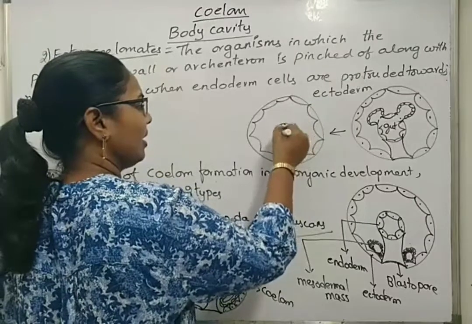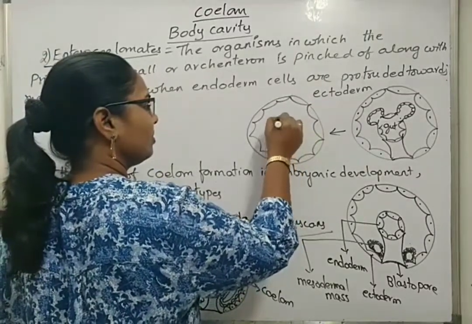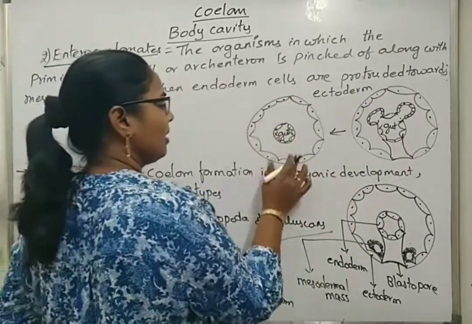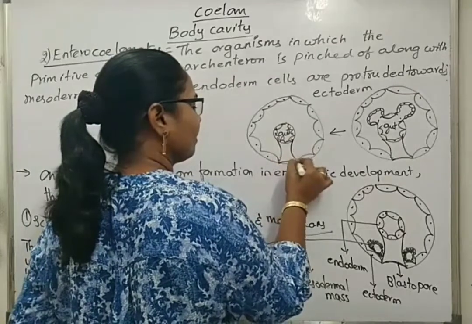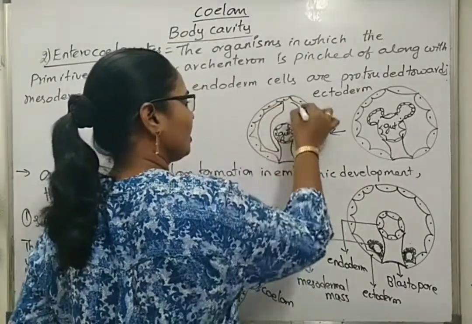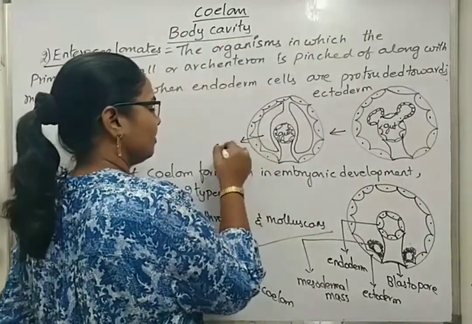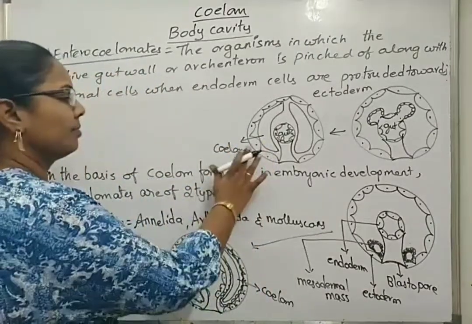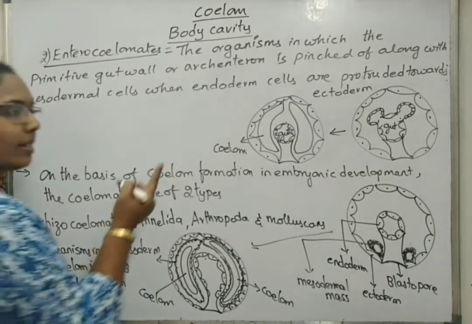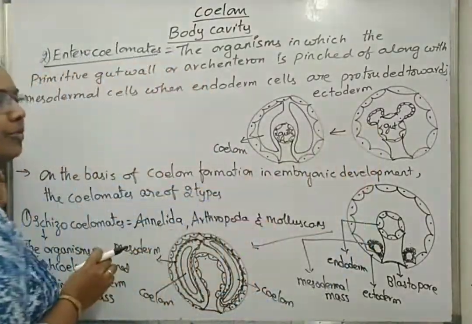Like ectoderm, and here will be the gut, endoderm, again the formation of coelom. So this will be the coelom. So in case of enterocoelomates, the archenteron or the alimentary canal gut is involved in the formation of coelom.